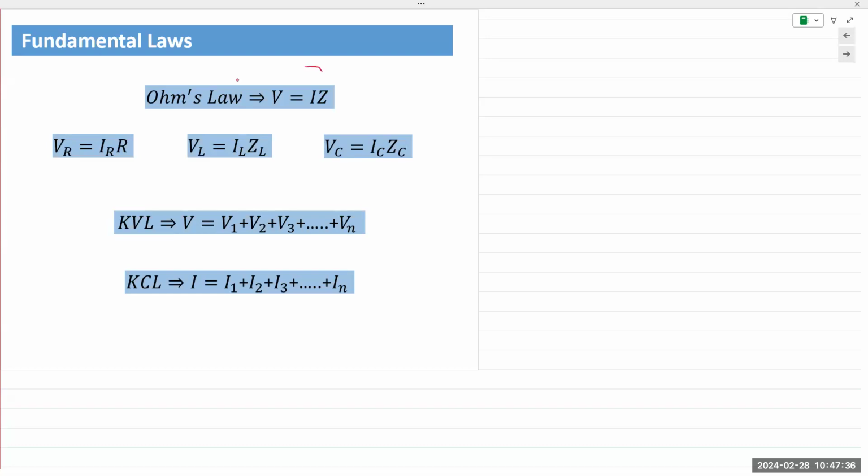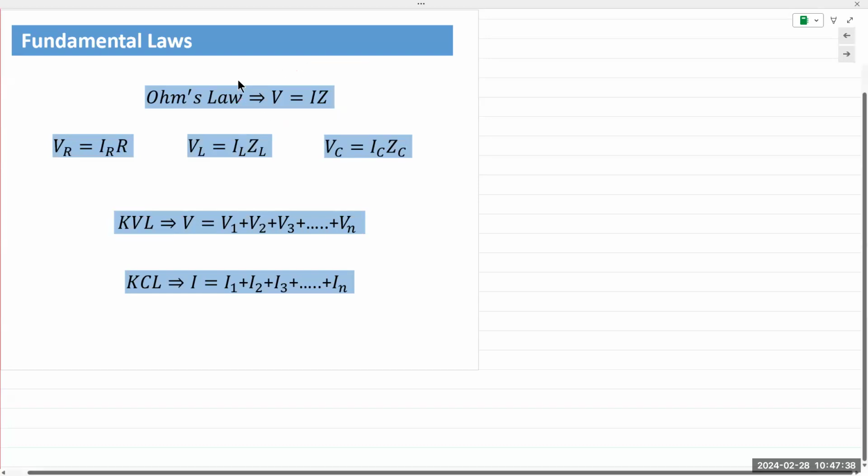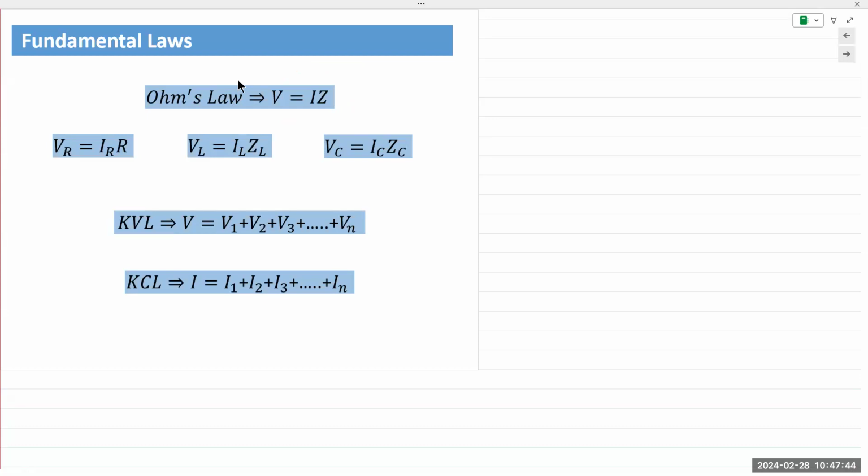Okay, so Ohm's law. Remember, in chapter 3, voltage for an inductor is L di over dt. If you wish to find voltage for an inductor, this is the equation we would use, right? In chapter 4, we wrote out a differential equation. If we wish to find inductor current, we would integrate the voltage.